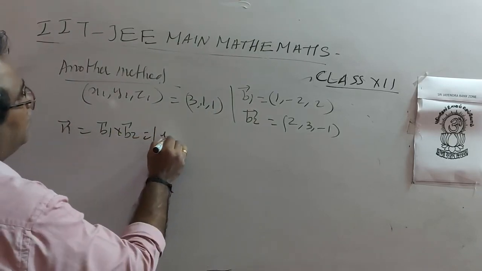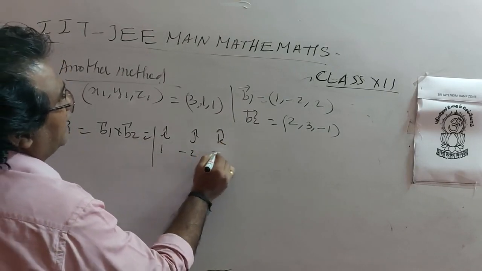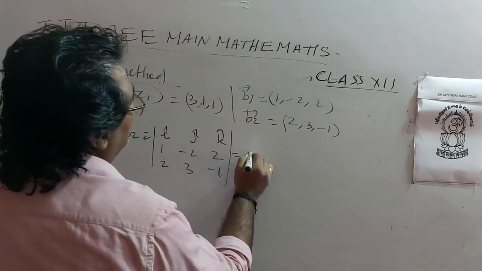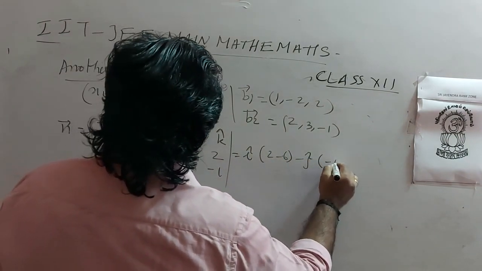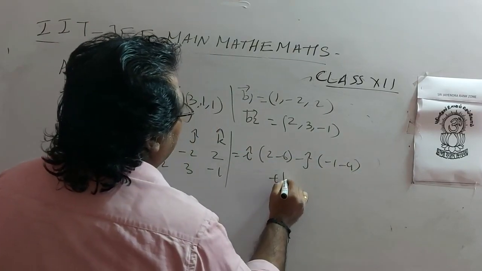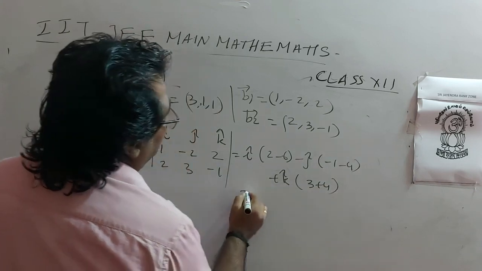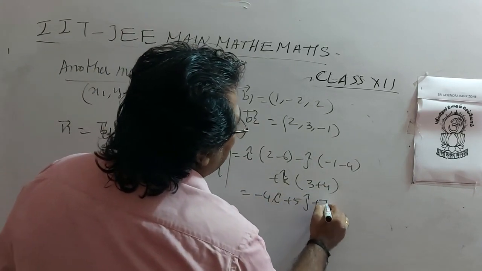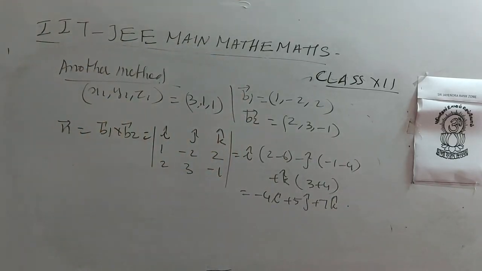Therefore, i, j, k; 1, -2, 2; 2, 3, -1. i into (2 minus 6) minus j into (-1 minus 4) plus k into (3 plus 4), which is minus 4i plus 5j plus 7k. So you know the point.